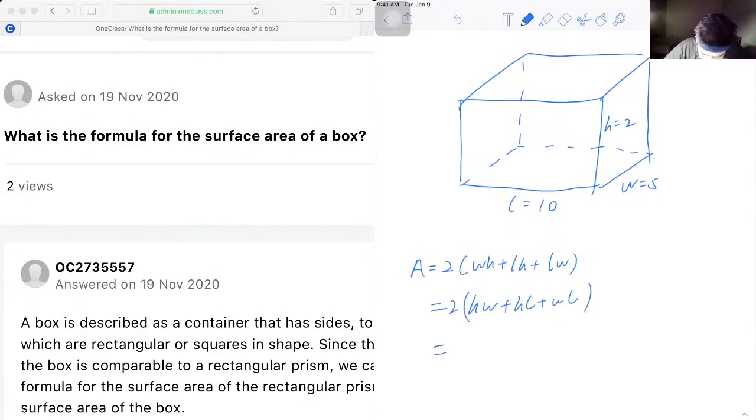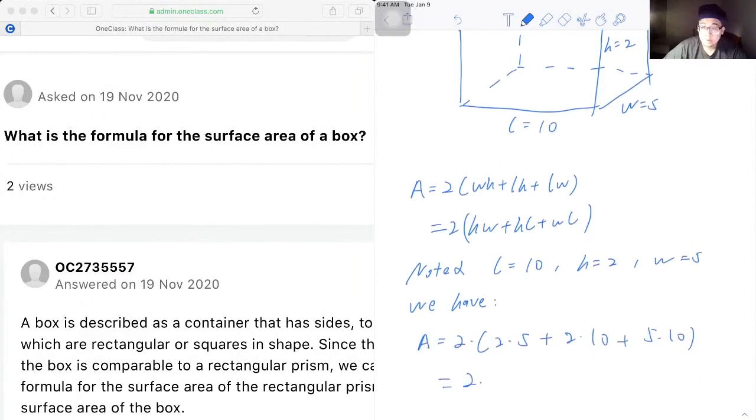So noted, L is equal to 10, H is equal to 2, W is equal to 5. We have A is equal to 2 times (H times W, which is 2 times 5, plus H times L, which is 2 times 10, plus W times L, which is 5 times 10).